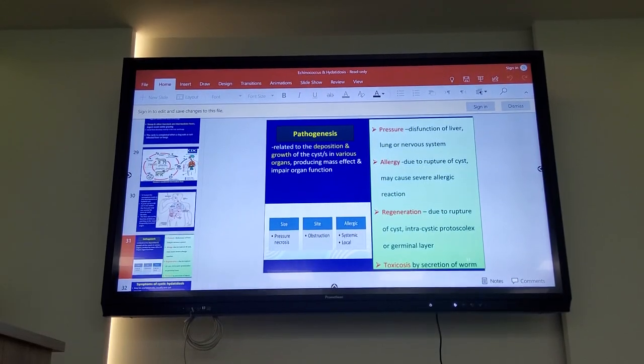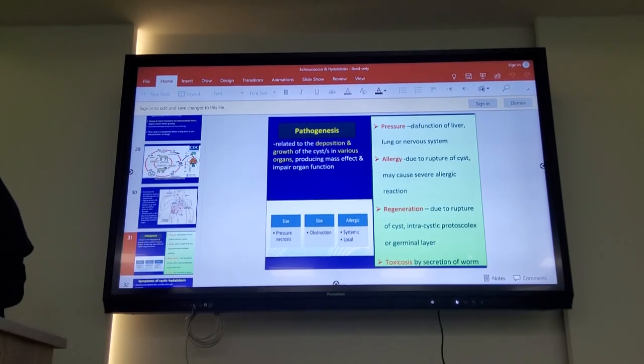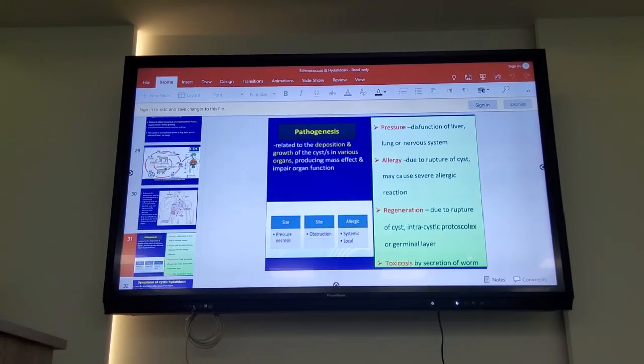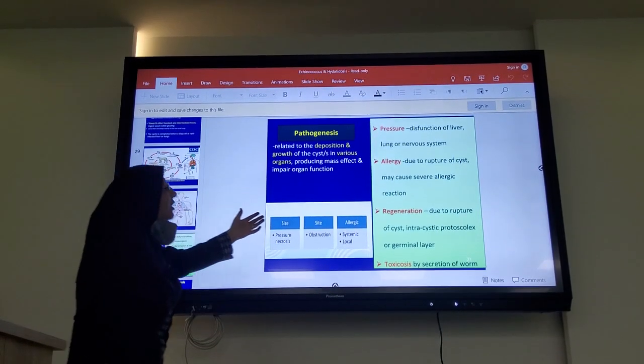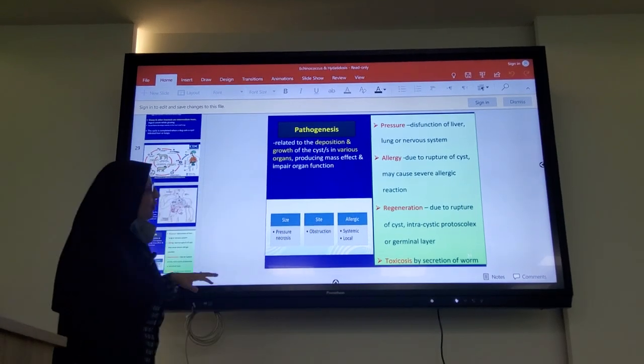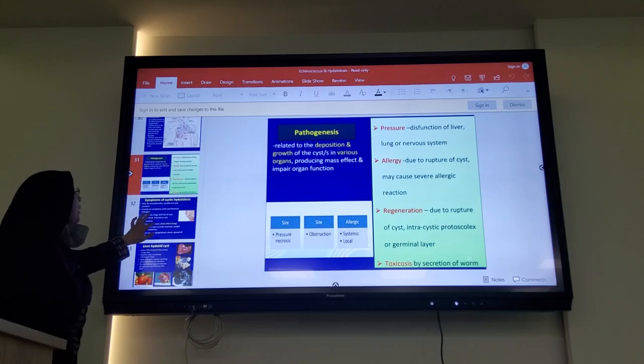This is very dangerous. If during surgery or even by trauma the cyst ruptures, it may lead to secondary cysts, or the fluid may lead to anaphylactic shock. All right? So they are very toxic for humans.